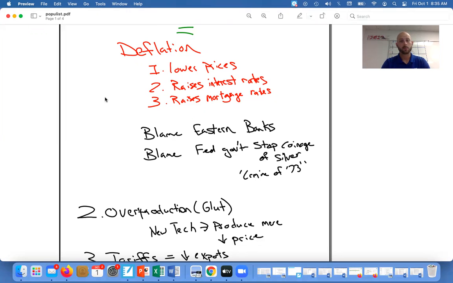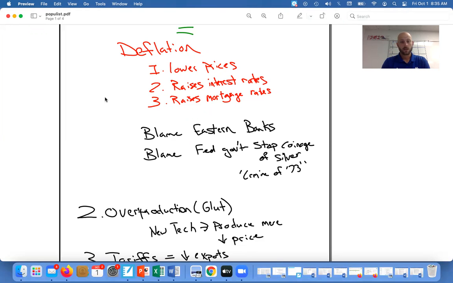So when they stopped printing dollars backed by silver, this led to deflation. And so the farmers think that this was a major, major problem, right? You want to raise prices and make it easier to be a farmer? Magic solution, silver bullet. It's like killing a werewolf.